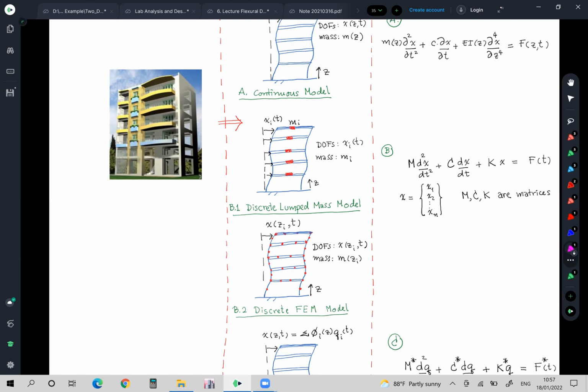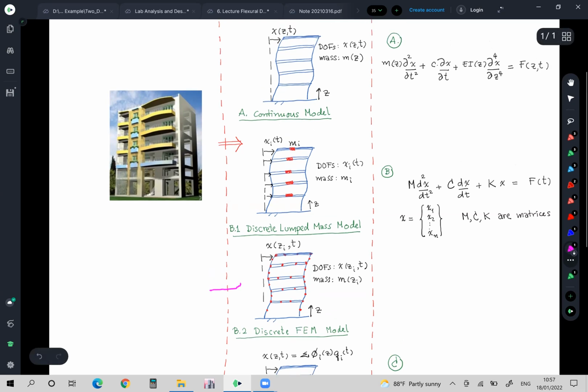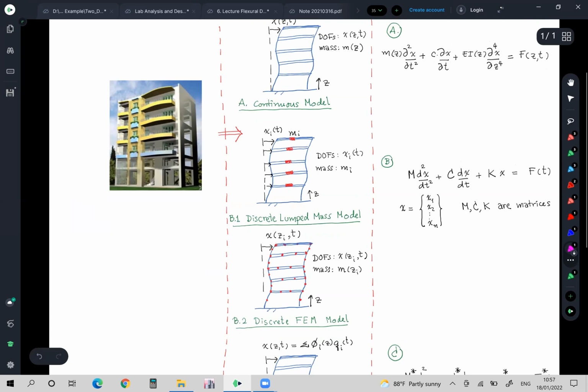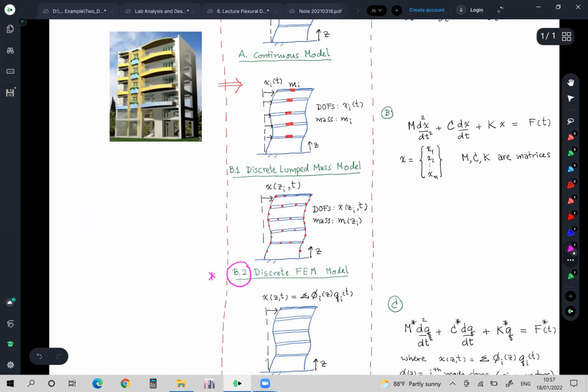So in almost every application, I do believe model B2 is very popular and very accurate, compared with the Connaughton model, the generalized coordinate model, or even the discrete lump mass model. And it's quite easy right now since we have a very powerful computer. Therefore, you can focus on this B2 most of the time.